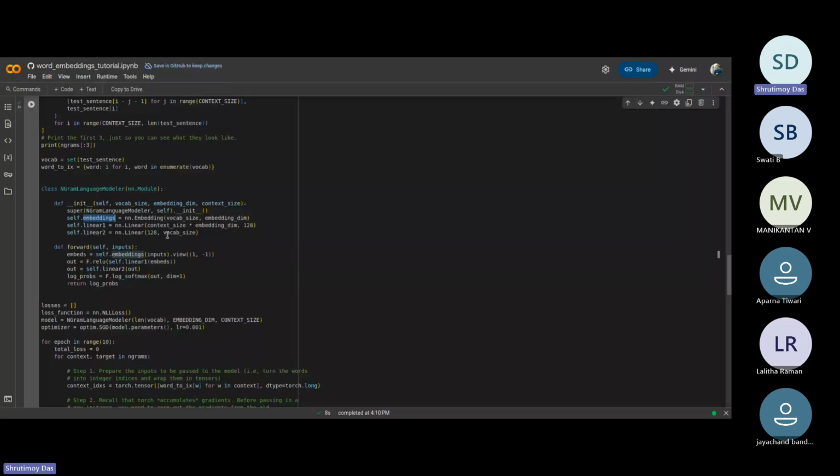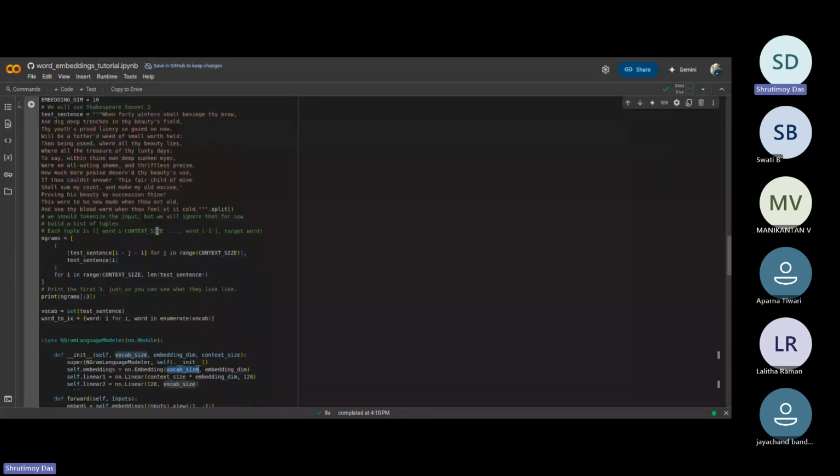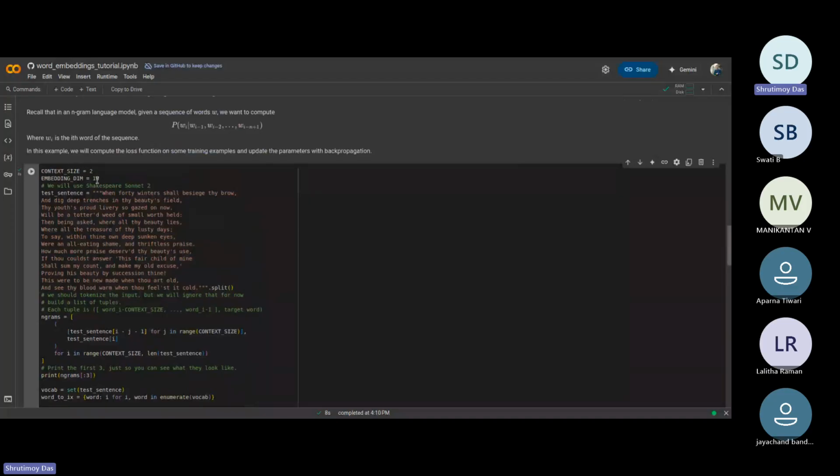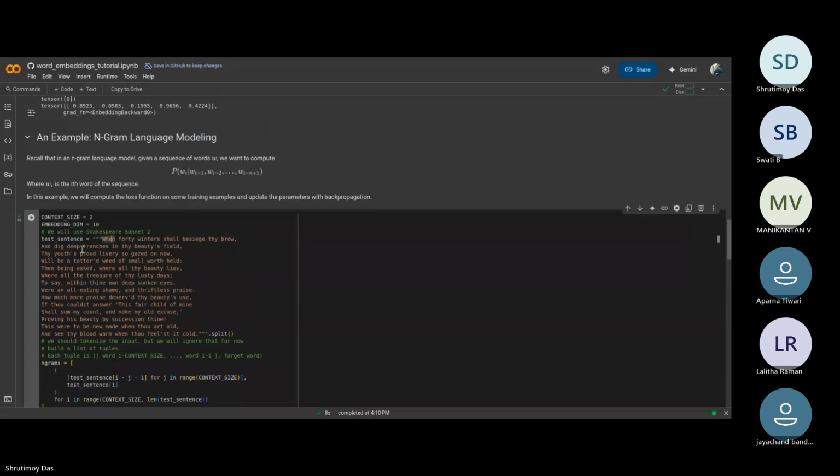For embeddings, you can see that the input will be the vocab size. That is the mod of V that you saw in the slides. Say there are maybe 100 words here, and from 100 you want to go to 10. If you are doing, say, one hot encoding, suppose I look at the word when. In the vocabulary, if when appears at location 10, we will have a 100-dimensional vector.